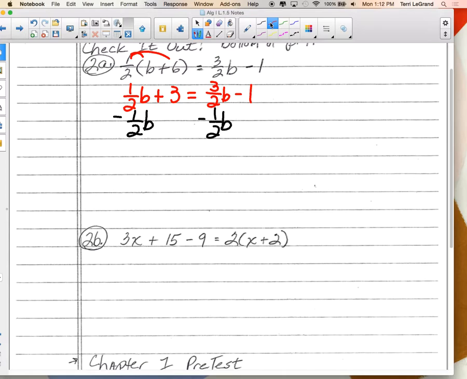After we subtract that half of b from this side, we have a positive 3 left. 3 halves of b and a half of b, and taking the half of b away, what do we have? We have a 1b. 1 and a half, isn't 3 halves 1 and a half? So we have 1 and a half, take away a half. Wouldn't that be 1? Yes. So it'd be a 1b. Well, that means we could just write b, couldn't we? Yeah.